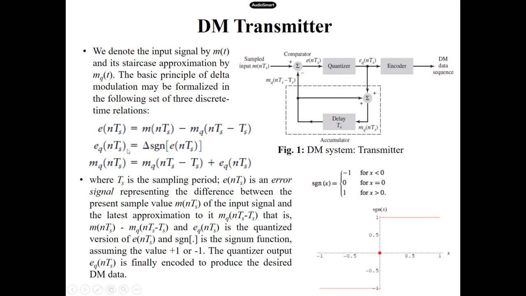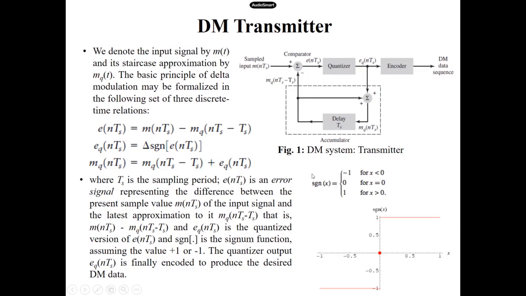The quantizer output can be written as delta times signum of e(nTs), and mq(nTs) is equal to mq(nTs minus Ts) plus eq(nTs). So mq(nTs) is the sum of this signal and this signal, where Ts is your sampling period.